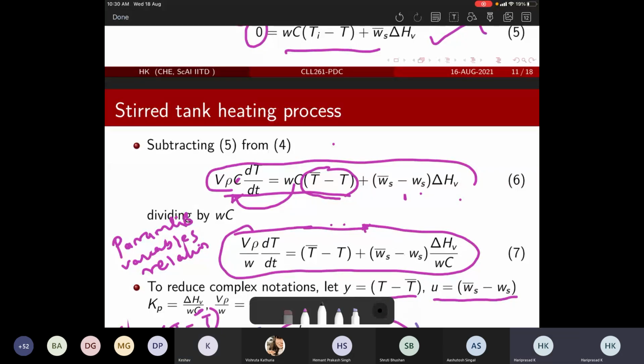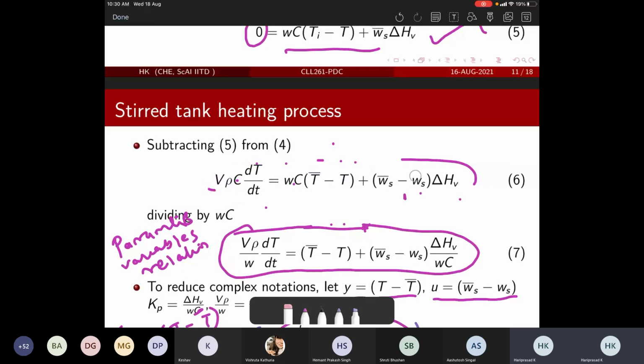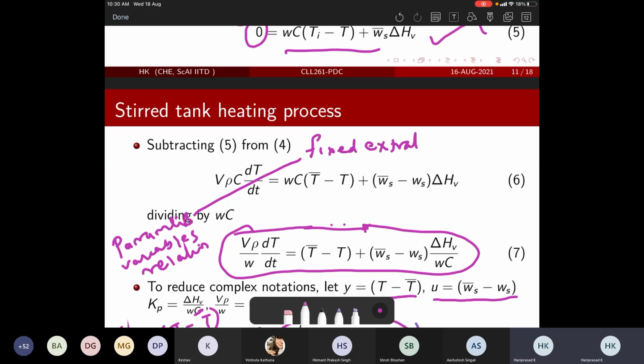Parameters are the things that are fully independent of your dynamics. Parameters are the ones that are fixed externally. You don't have any control on this. One is heat capacity. If you fix a fluid, your heat capacity is fixed.